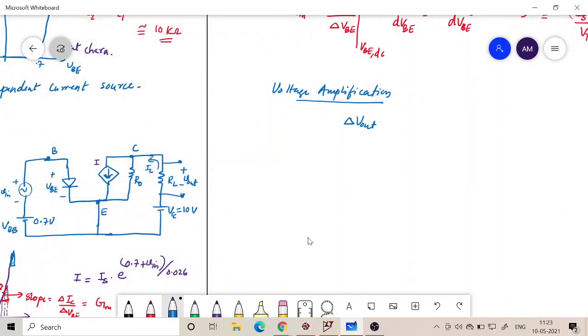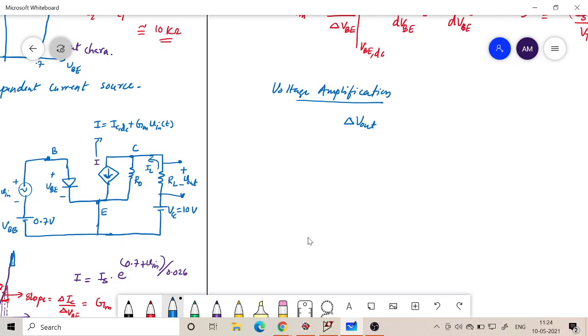So now I will write this current as I equal to IC DC plus GM into Vin. Vin is actually a function of time, and IC DC is constant. So this GM into Vin is what is going to vary the voltage across the load resistance.